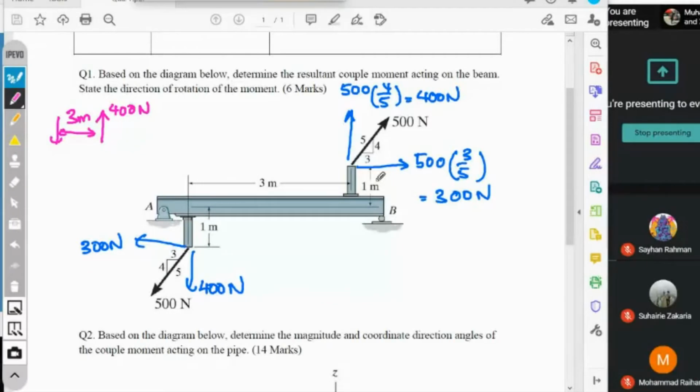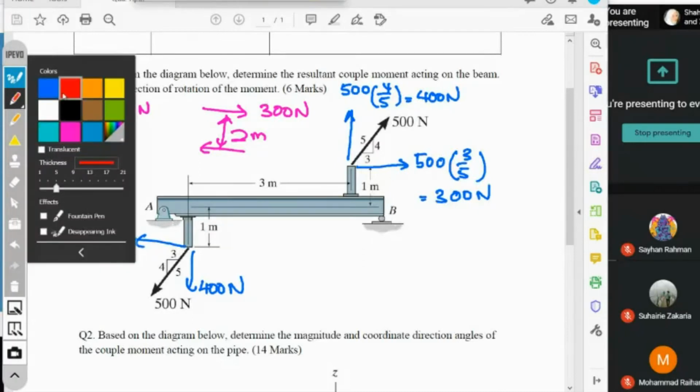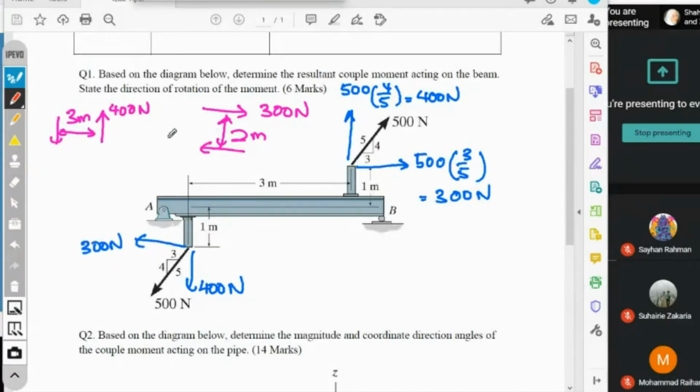And we have another one, which is the horizontal forces, with a distance of 1 plus 1, 2 meter, of 300 Newton. From here, it should be clear what the direction of each couple is. This one will produce counterclockwise, while this one produces clockwise rotation.